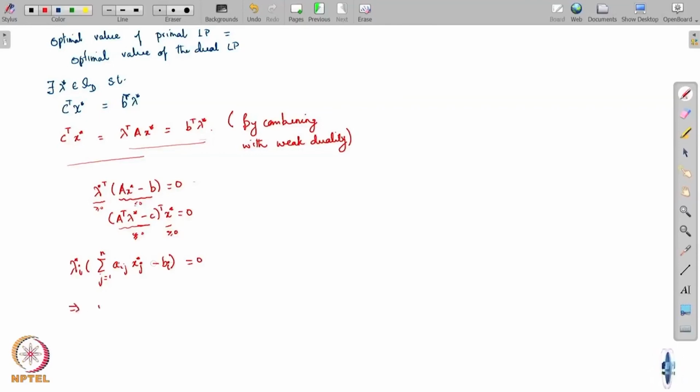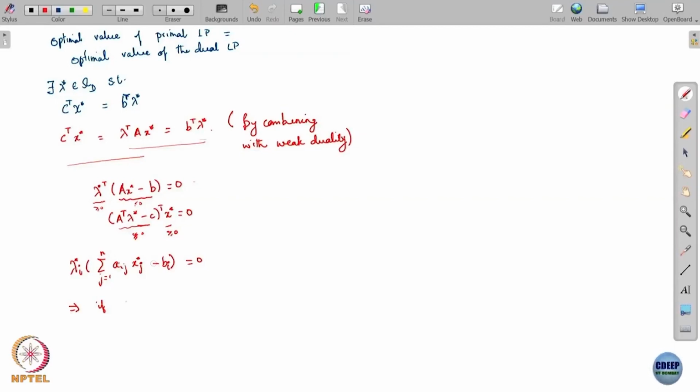What does this mean? Now a_ij x star j minus b_i can be either equal to 0 or strictly less than 0. These are the only two possibilities. If it is equal to 0, this holds trivially.